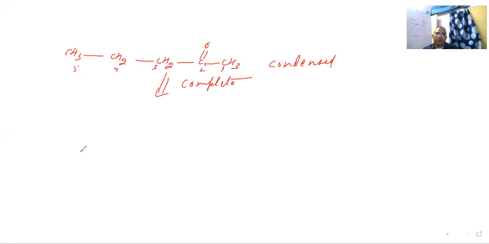So you represent 5 carbons like this: 1, 2, 3, 4, and 5. Where is the double bond? At the second position there is the C=O. So the name will be pentane, with the one on the second position: pentan-2-one. This will be the name.